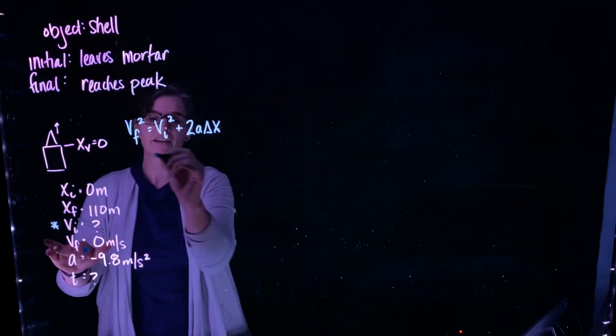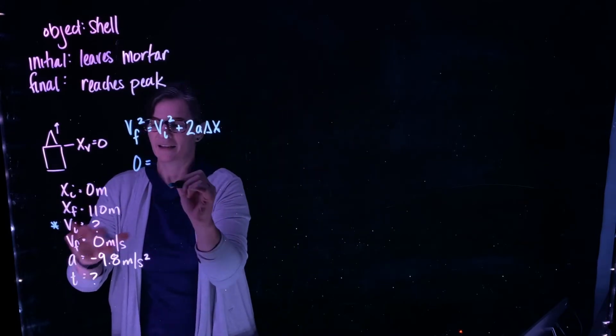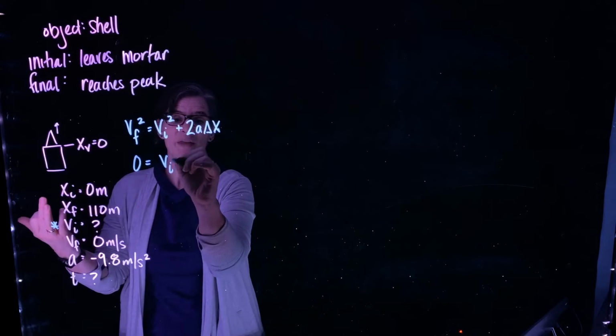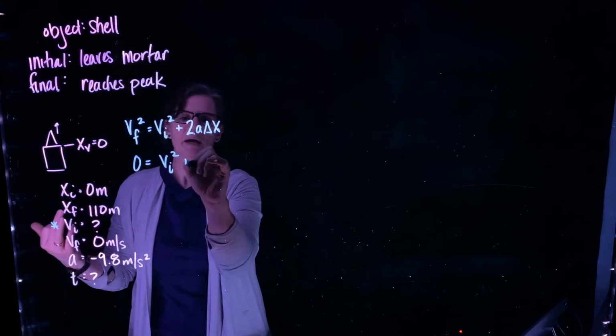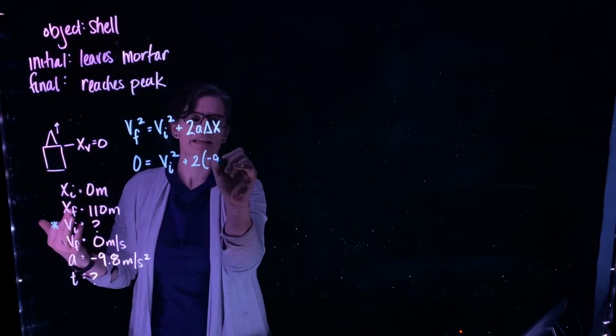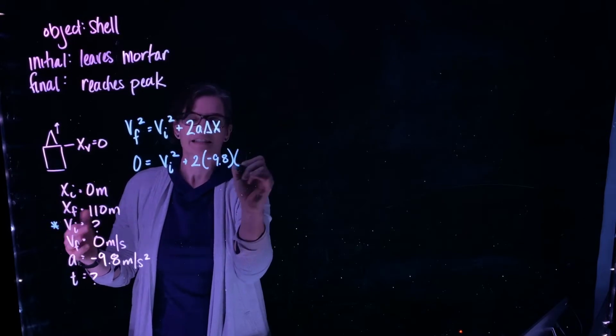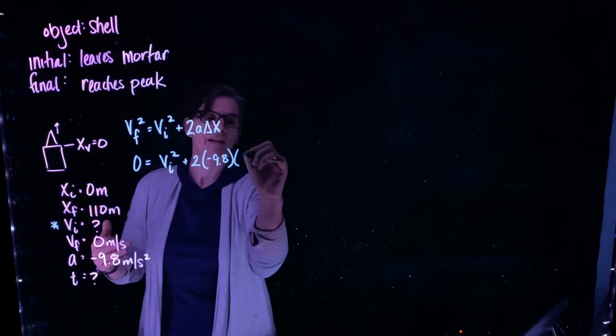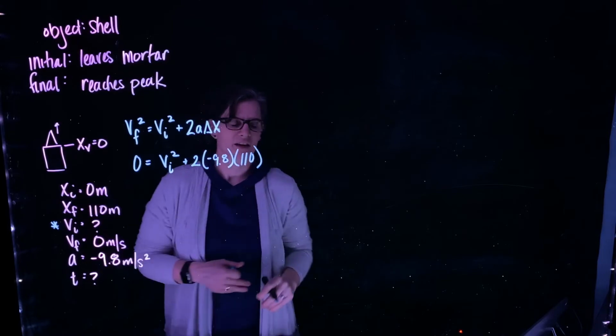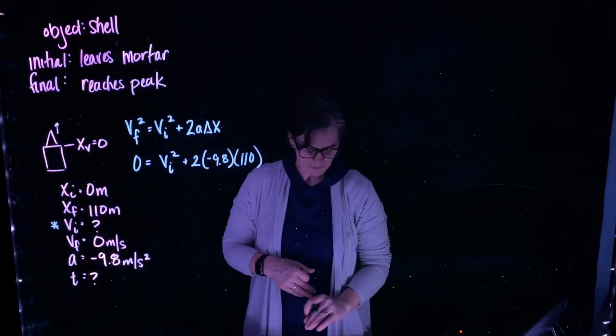And so my final velocity squared is 0. Initial velocity, I don't know. That's what I'm interested in. Plus 2 times negative 9.8 times my final position minus my initial, which is 110. All right.